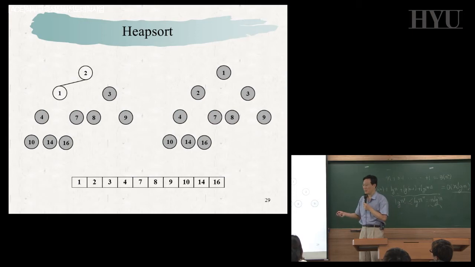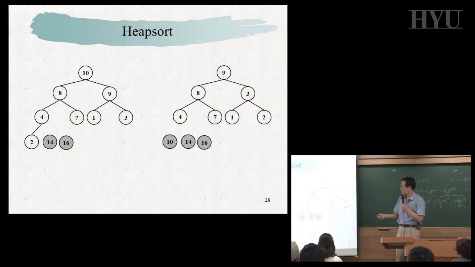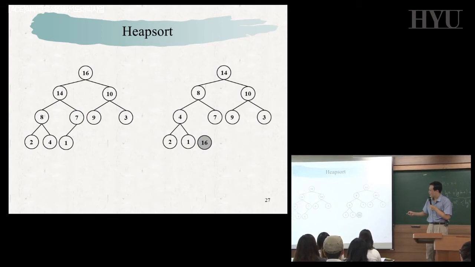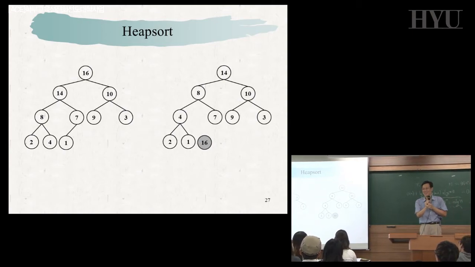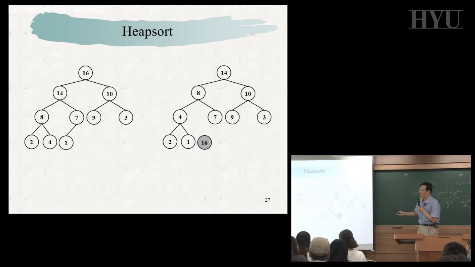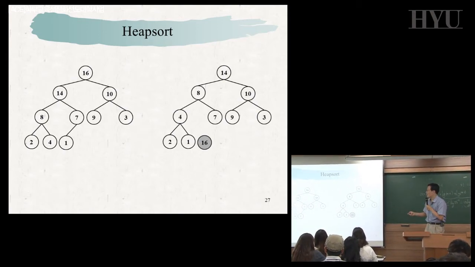Look at this tree picture carefully. I used only 1, 2, 3, only 10 circles. And each circle represents each memory element. First, I exchange 16 and 1. And then, there is a barrier here. So the heap is like this, and this is a part of new sorted memory, a sorted array. Can you see this?